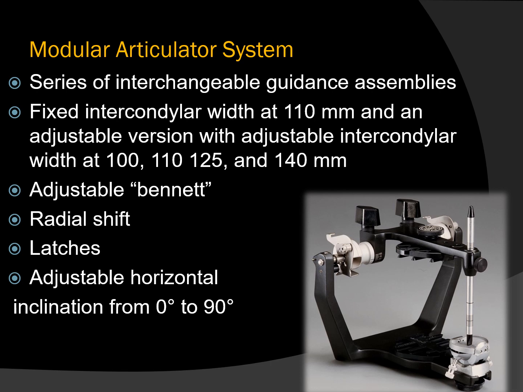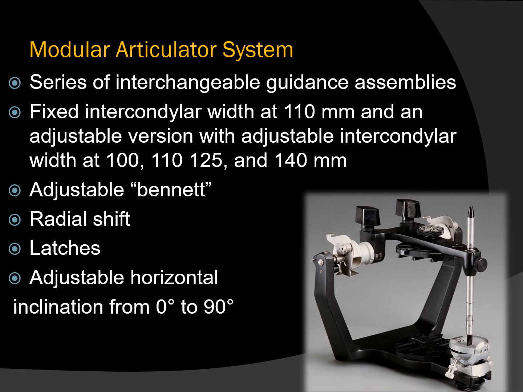The modular articulator system has a series of interchangeable guidance assemblies which permit a choice in the degree and type of condylar guidances necessary to achieve optimum results. The basic frames of this articulator are produced in two forms. One is with a fixed intercondylar width of 110 millimeter, and another is an adjustable version with 100, 110, 125 and 140 millimeter of intercondylar width.